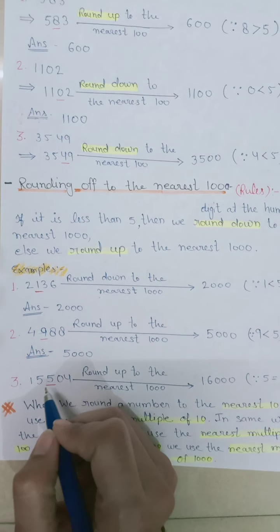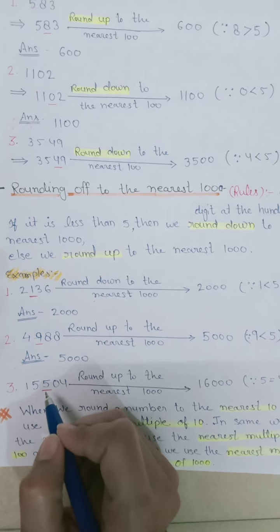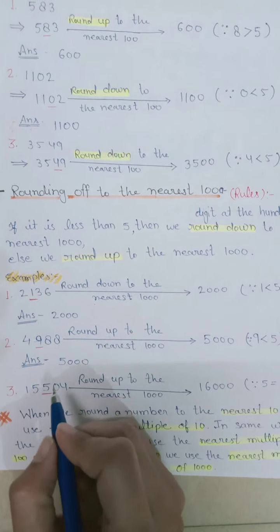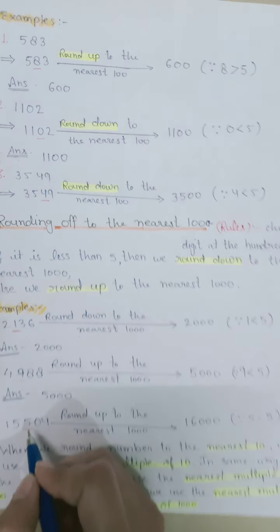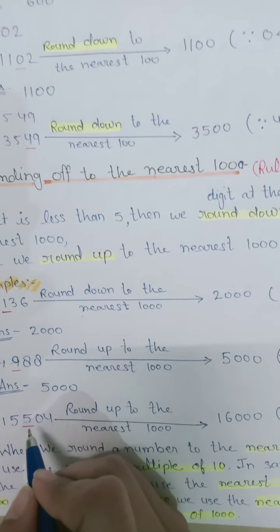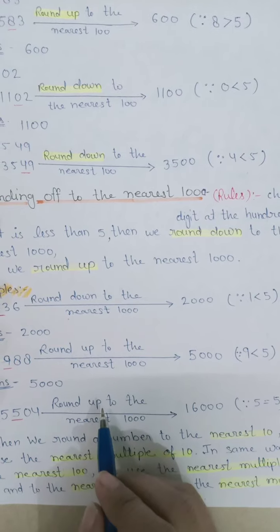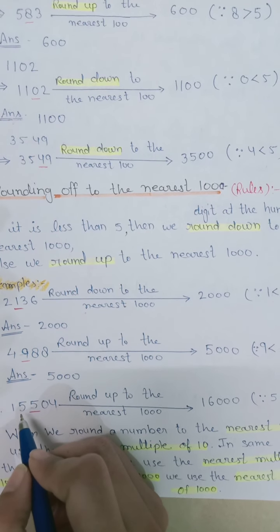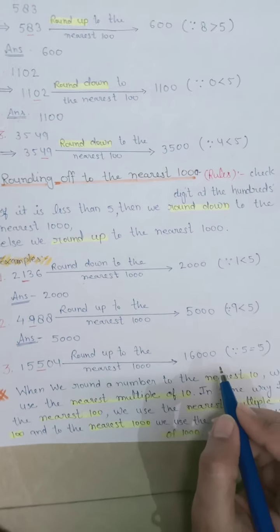It is the one just before the place we are rounding off to. We are rounding off here to the nearest 1000, so we will check the digit at the 100 place. The digit at the 100 place is 5, so we have to round up here. Round up to the nearest 1000 means the 1000 place is increased by one, so the answer will be 16,000.